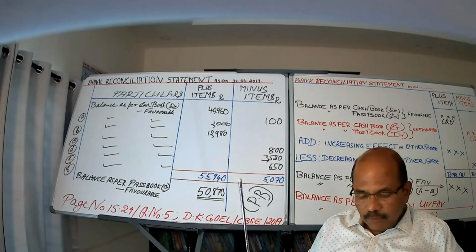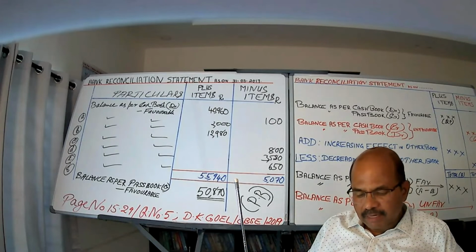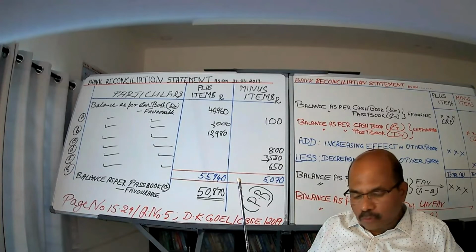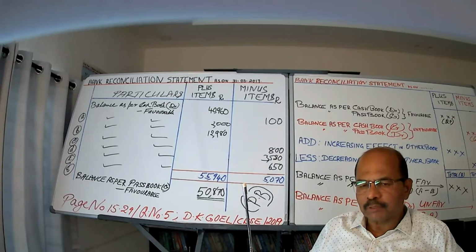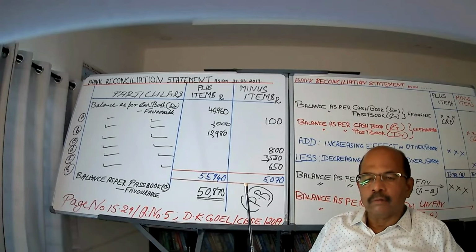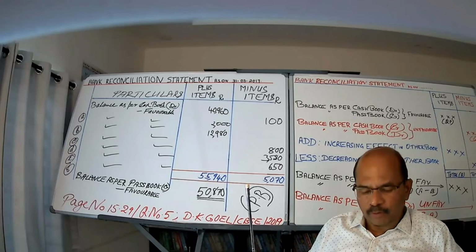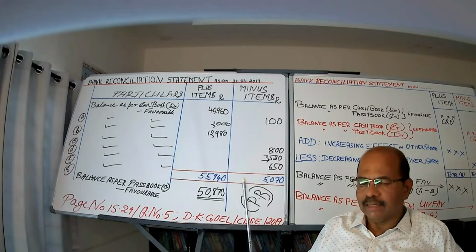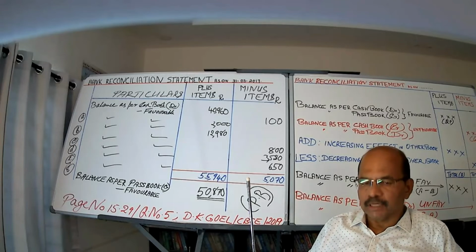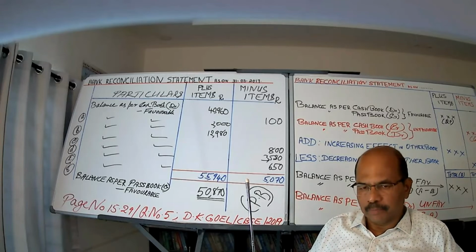A. Bank charges of ₹100 on March 31, 2017 are not entered in the cash book. So you assume 1 lakh each, favorable balance in the cash book as well as the passbook. The passbook has been reduced by 100 on account of this discrepancy. Obviously it is a decreasing trend, decreasing in the passbook by 100 rupees.